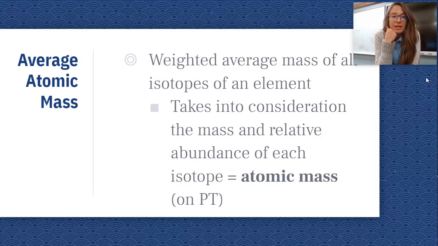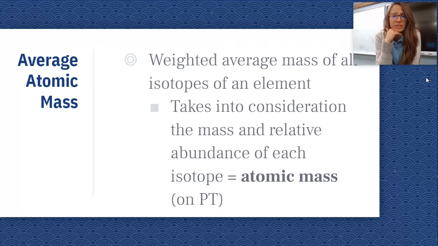When you are calculating the average atomic mass, it really takes into consideration two things about each isotope of an element. We take into consideration the mass of each isotope. Remember, an isotope is an atom that has a different number of neutrons. That is going to change the mass of that atom, so we are going to have different isotopes that contain different masses.